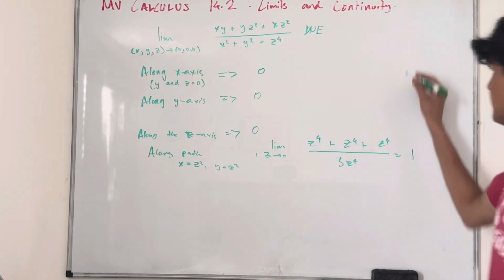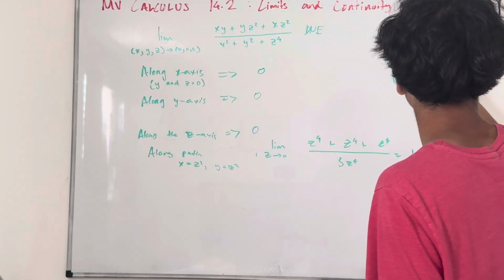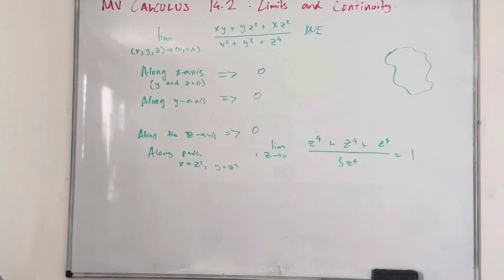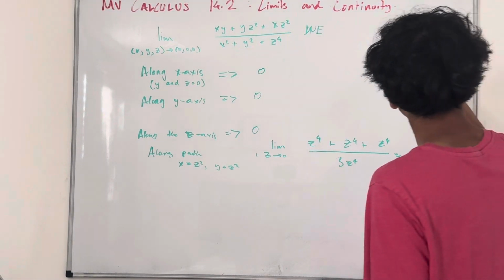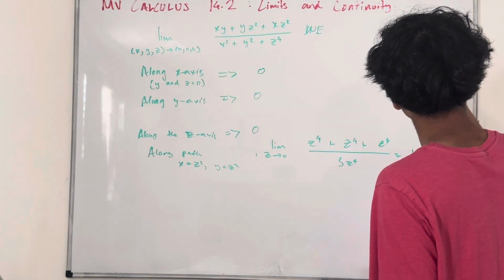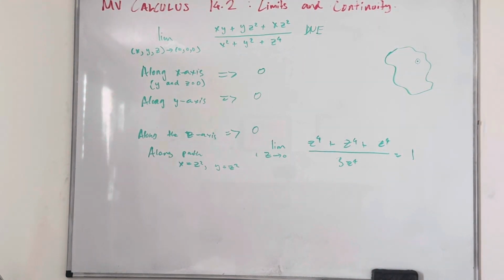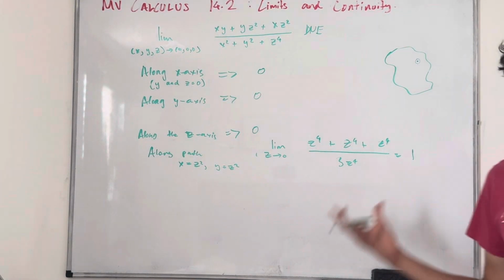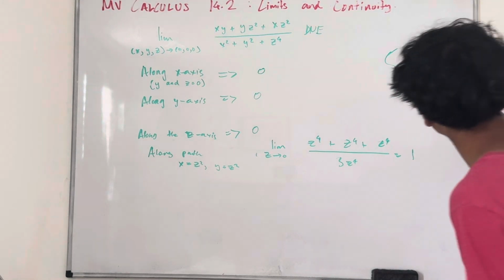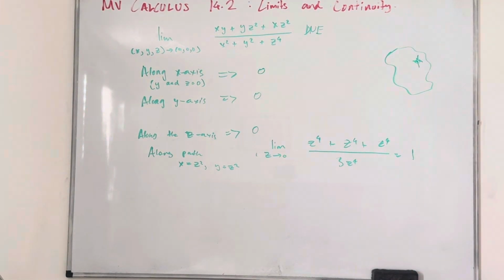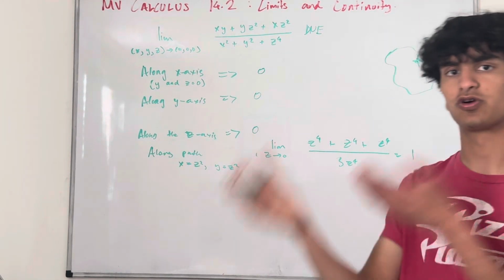For example, if this was a continuous surface, there's no holes, asymptotes, nothing weird, and all the surrounding area has no discontinuities. So I can just take the limit along any path, and the limit would just equal the value of that function. That's what makes it continuous. I believe it's the same definition for 2D.